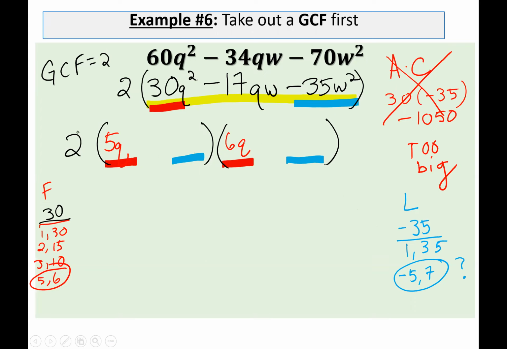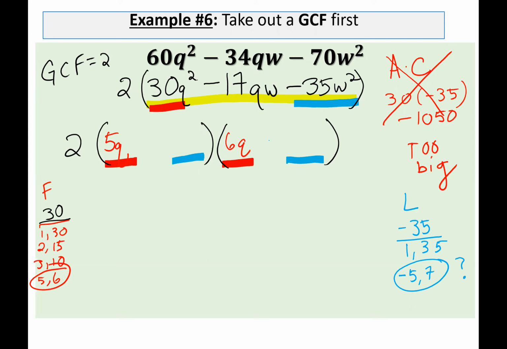There was a GCF of 2, and I already took that out. So in the trinomial that's left over, 30q squared minus 17qw minus 35w squared, there's no more GCF. So once again, I'm not going to create a factor where there suddenly is a GCF. So I will not be putting the 5 with the 5q.